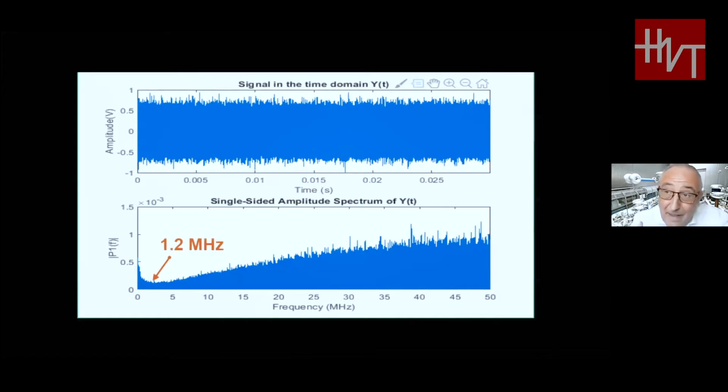It's an approximation to measure the noise. The best way to measure the noise is to de-energize the installation and measure only the environment noise, but this is impossible. In a laboratory, of course, it's possible, because we can measure without high voltage, and we have this signal in the time domain.